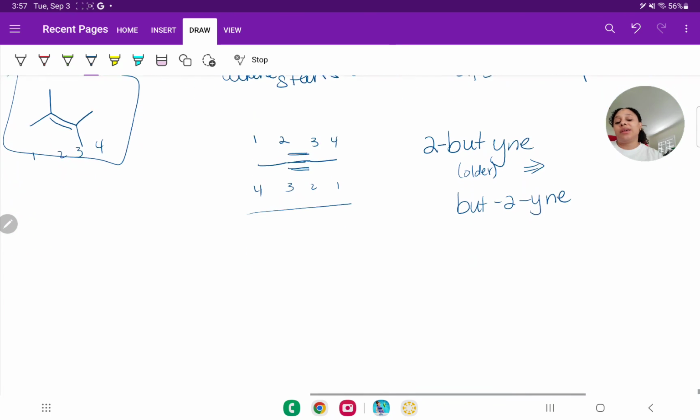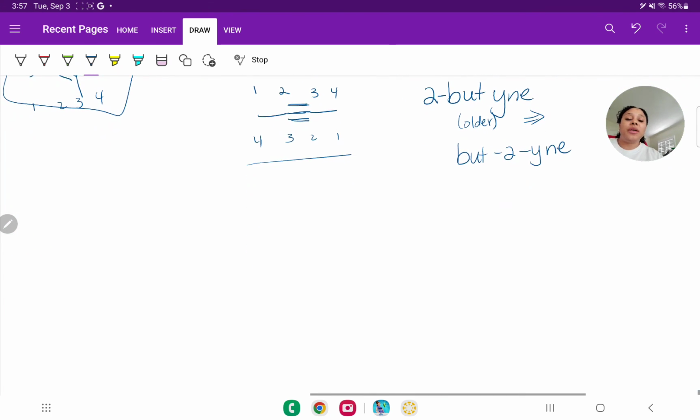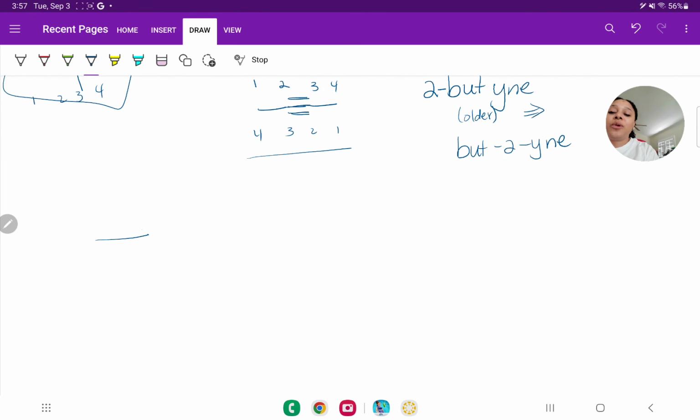Here's an example of where this becomes a problem, and you don't need to know this one quite yet. In a molecule like this, although you don't need to know how to name it today, you will eventually. Just so you know, the alcohols get preference in naming, and the preference page is on the very back page of the online sheet, not on the printed sheet that I gave you.